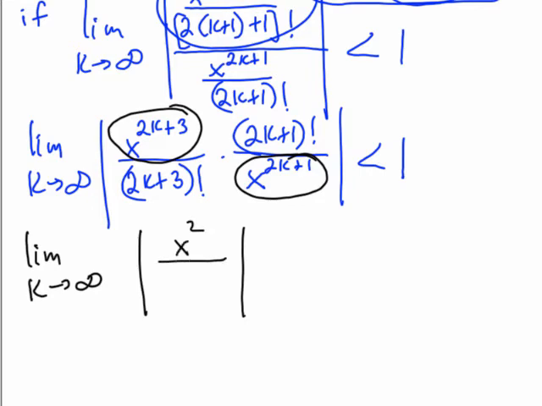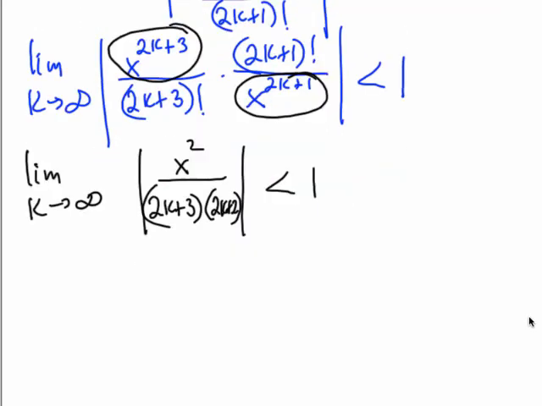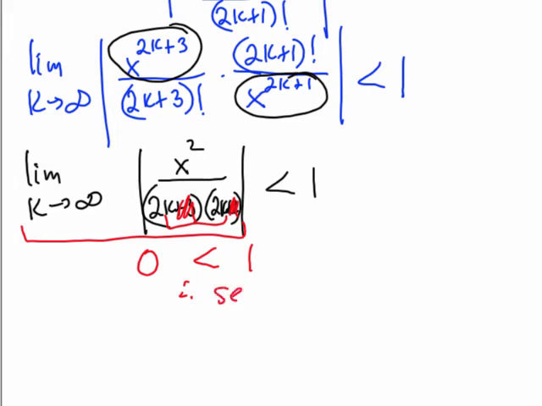And I can reduce a factor of (2k plus 1) factorial in numerator and denominator, which leaves me with this on the denominator, and that's got to be less than 1. If I then do my limit, the 3 and the 2 here will not be important, and so I'm going to have x squared over 4k squared as k goes to infinity. That's going to mean that this limit is 0. And 0 being less than 1 means that my series converges for all values of x.